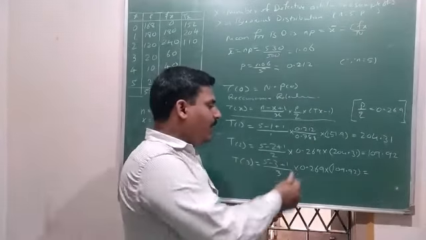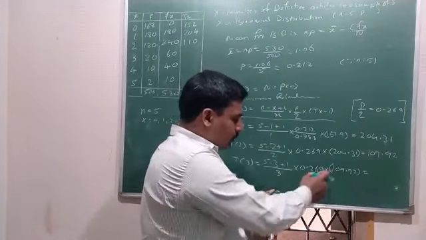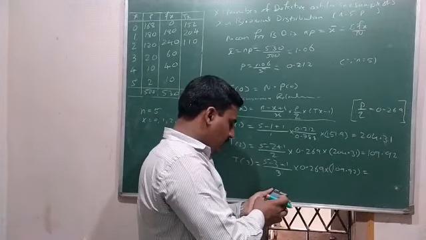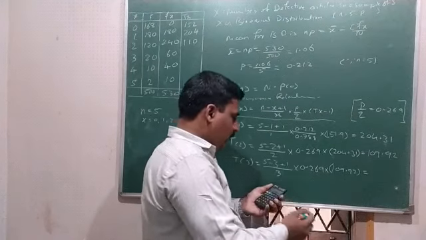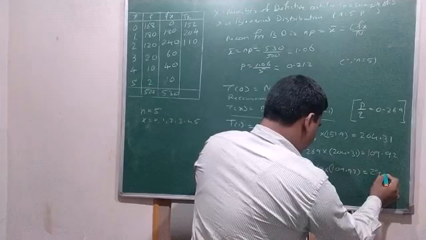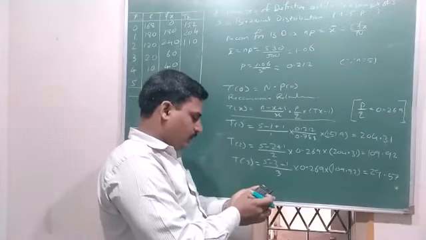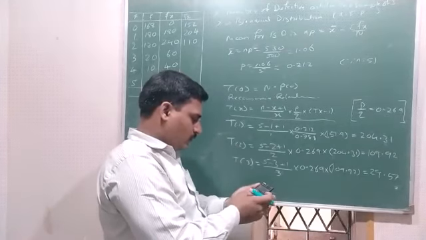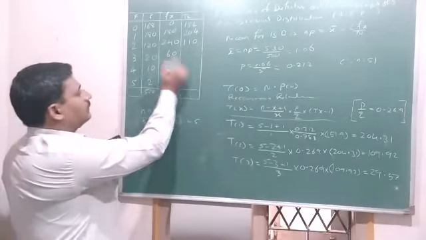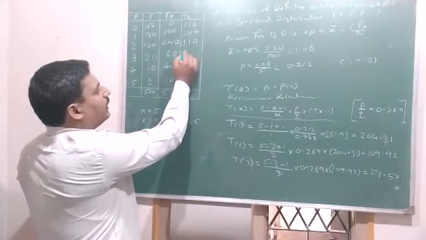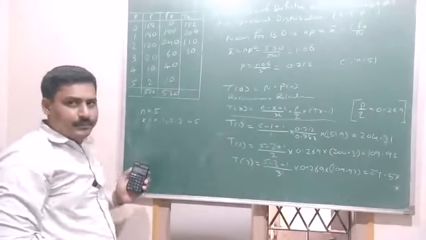So 1 into 0.269 into 109.92 is equal to 29.568, approximately 30.